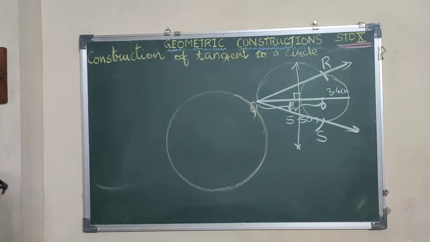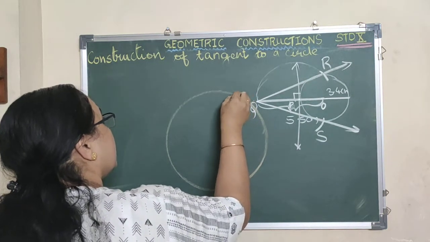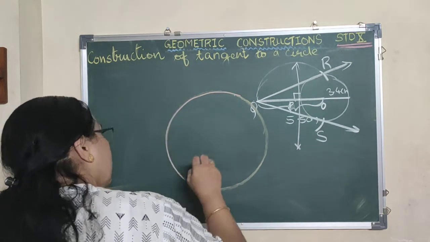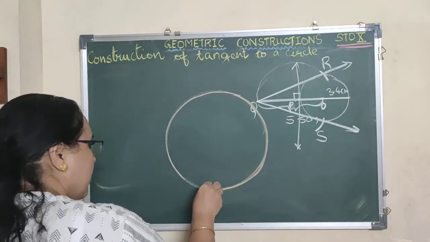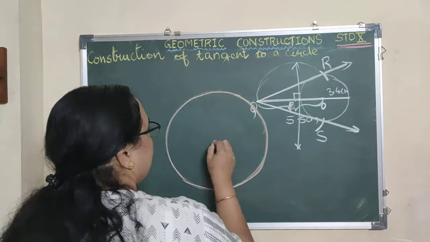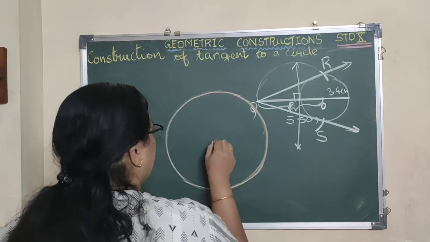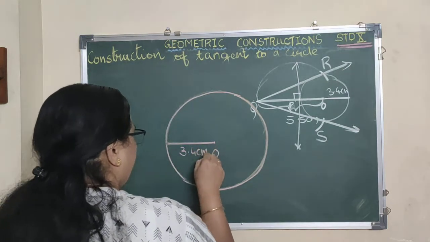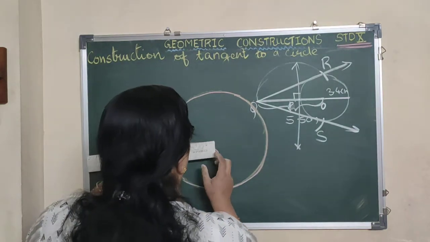So this is the center O and this is 3.4. Now from point O we have to take 5.5. So from the center it is 5.5.